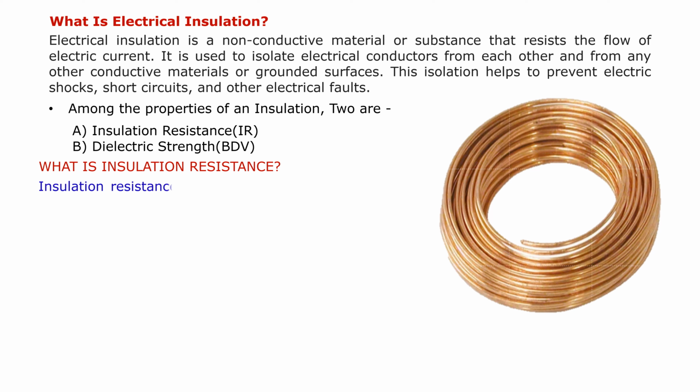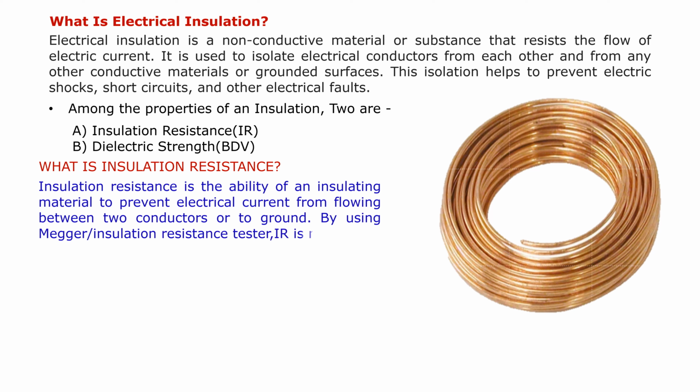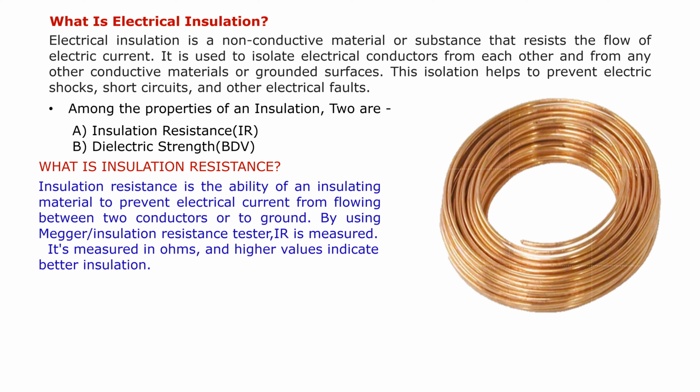Insulation resistance is the ability of an insulating material to prevent electrical current from flowing between two conductors or to ground. By using a Megger or insulation resistance tester, IR is measured. It is measured in ohms, megohms, and higher values indicate better insulation.